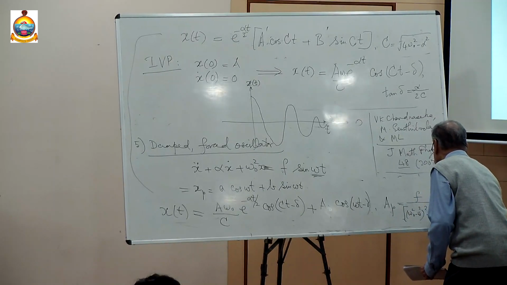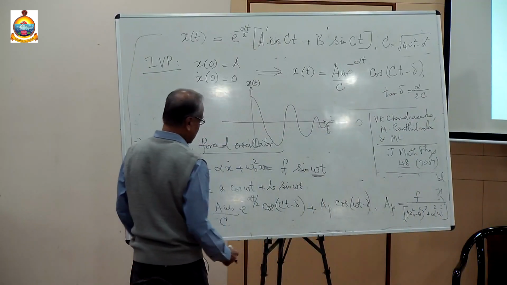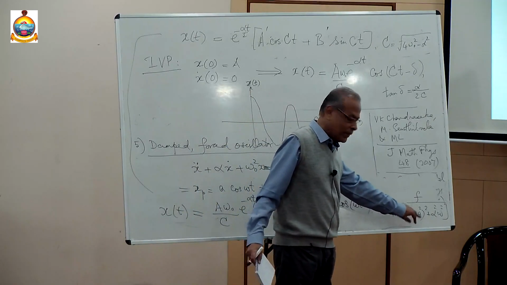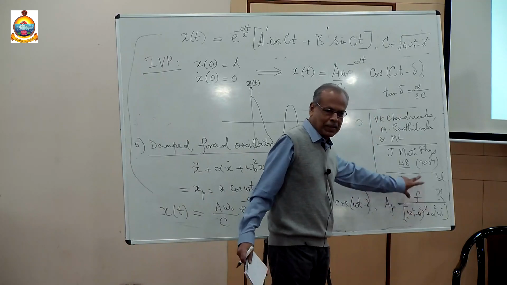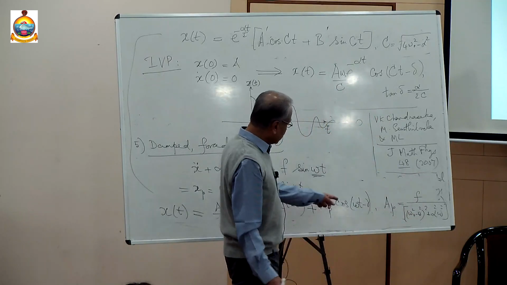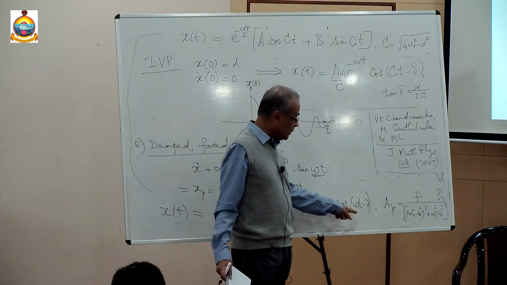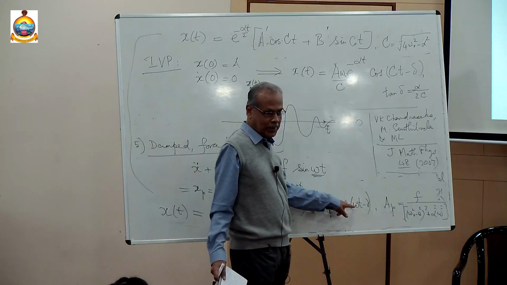So you can substitute and check, or by comparing you can find. So that is the AP, a fixed amplitude. F, omega naught, omega, alpha are all given. So it's a fixed value. And then cos omega t is a periodic solution with period T equal to 2 pi by omega. So that is also fixed.